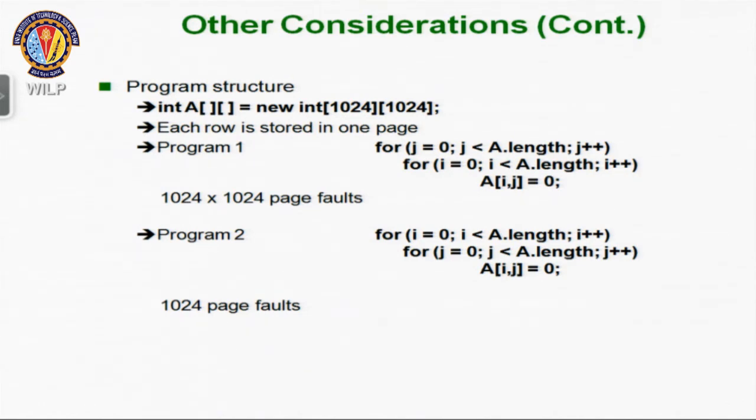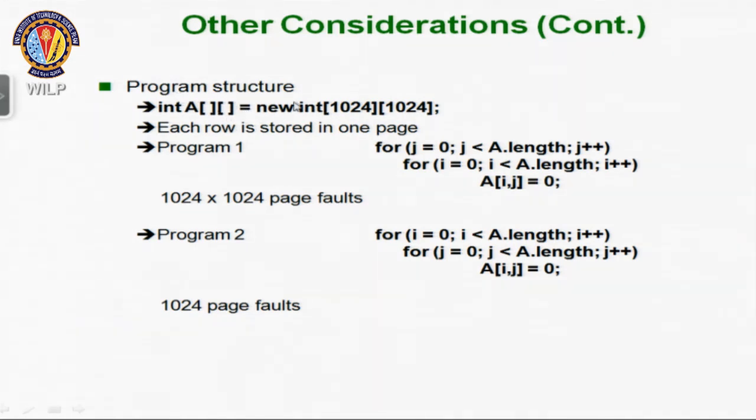There is another important thing which is looked into for avoiding thrashing. Here we are trying to indicate an example.